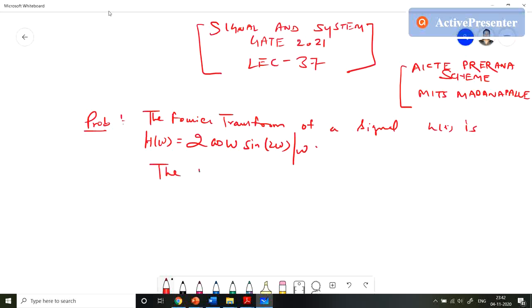The value of h(0) is, so we need to find out the value of h(0).